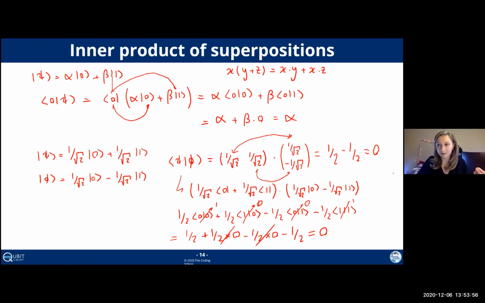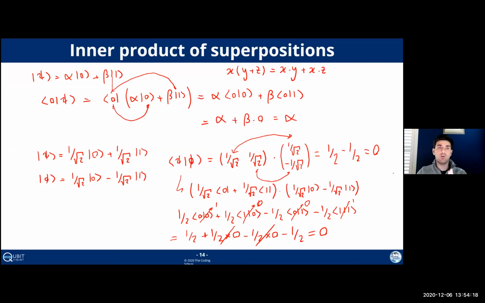Hey, Amir, before we keep going, this was a question from a student, can you just say more about what it means when two superpositions overlap? Maybe more conceptually. Well, conceptually, if they overlap, they must be the same thing. So the idea of the overlap is how similar are your two states.